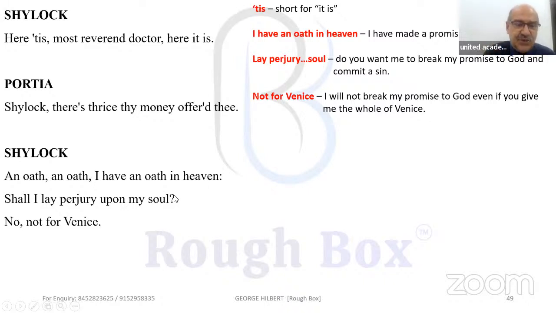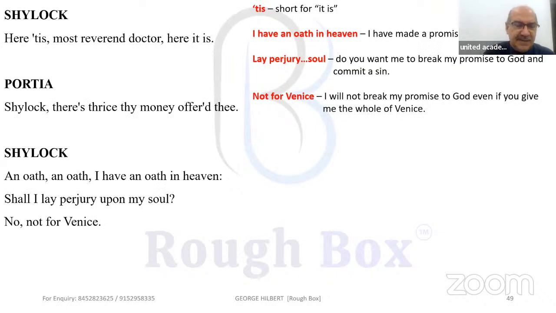Shall I lay perjury upon my soul? Do you want me to commit a sin by breaking my promise to God? No, not for Venice. Even if you give me the whole of Venice, I will not break my promise to God.